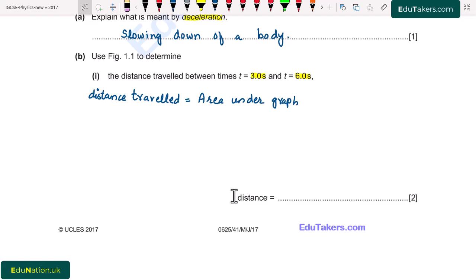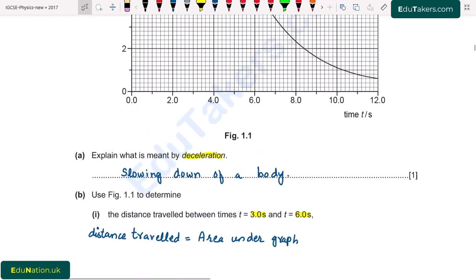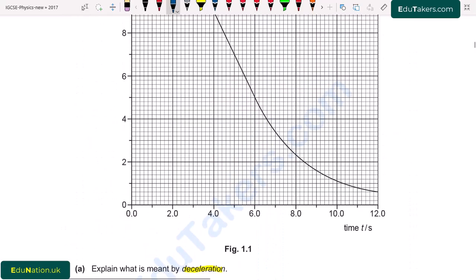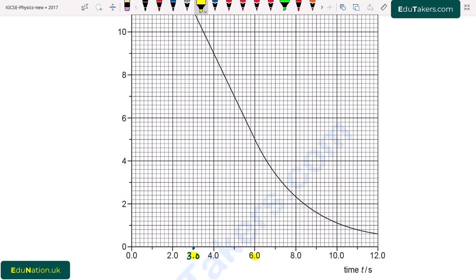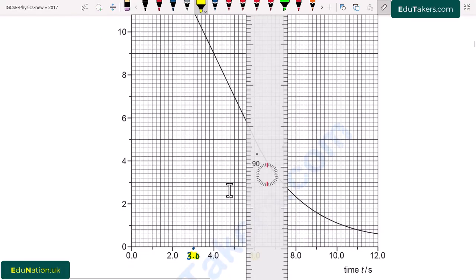Now we go back to the figure and label time t equal to 3.0 second and t is equal to 6.0 second. So at this point it is 3.0 and it is given that 6.0 second is at this point. We also have to find out the corresponding values of the speed. So I use a ruler and draw a line here.